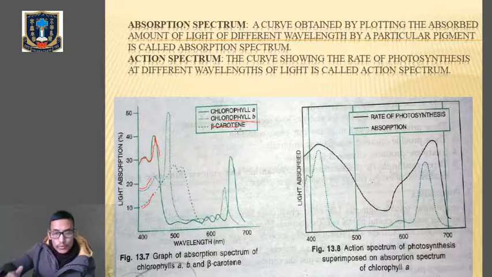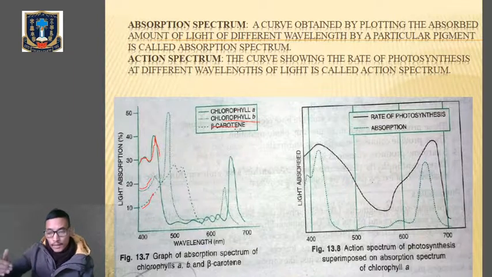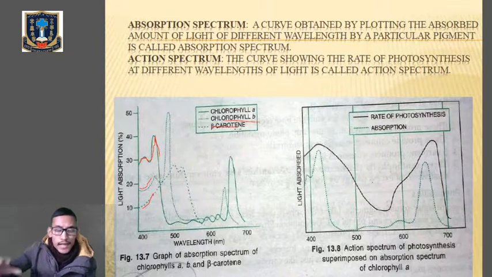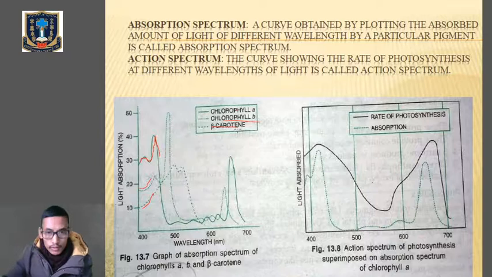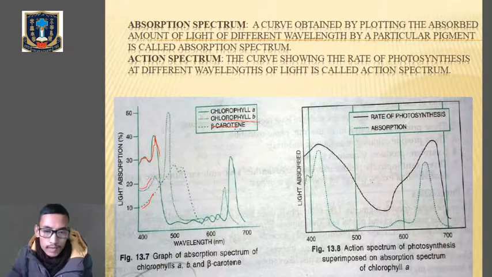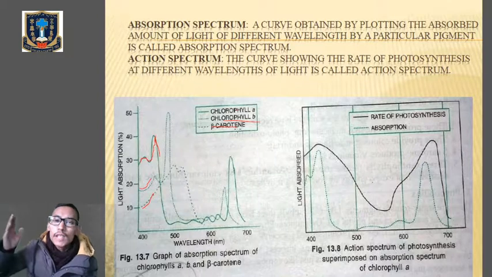When we plot the wavelengths of light absorbed by the different pigments, we get a curve called the absorption spectrum.